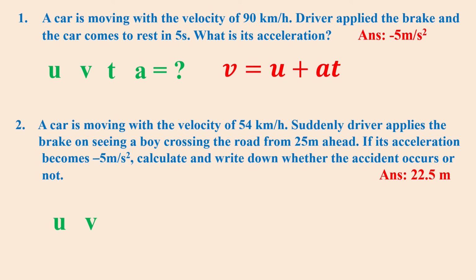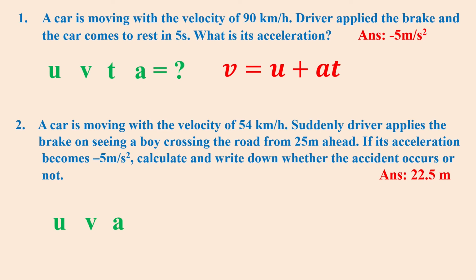Seeing a boy crossing the road from 25 meters ahead, the driver saw the boy at a distance of 25 meters. It doesn't mean that the car covers a 25-meter distance. That's why this distance is not used in solving the numerical problem. If its acceleration is minus 5 meters per second square, acceleration is given. Now calculate and write down whether the accident occurs or not.